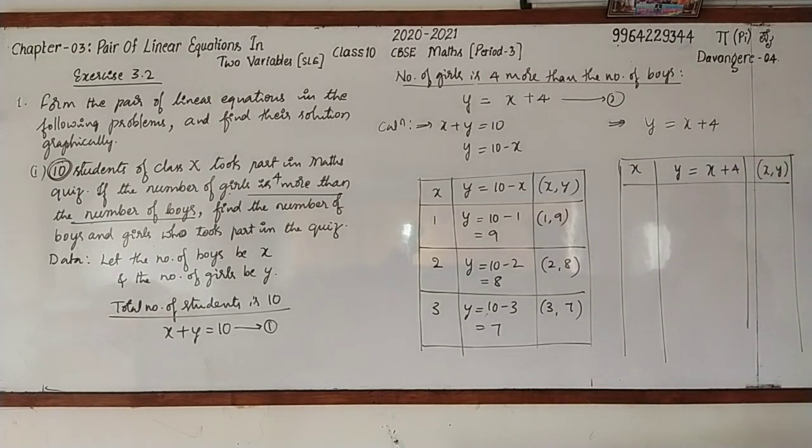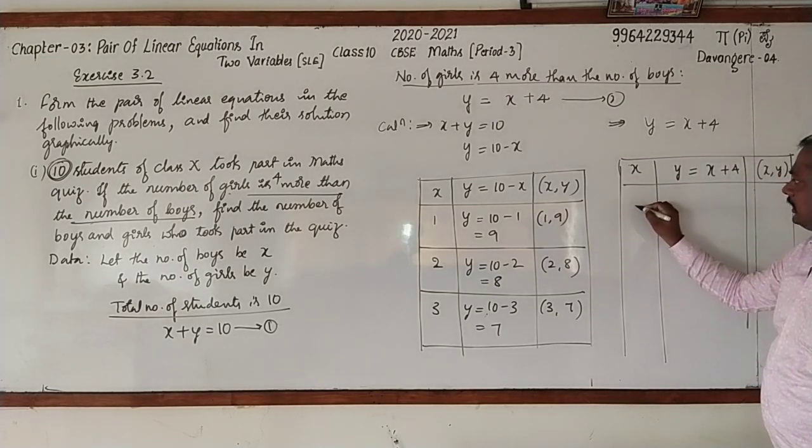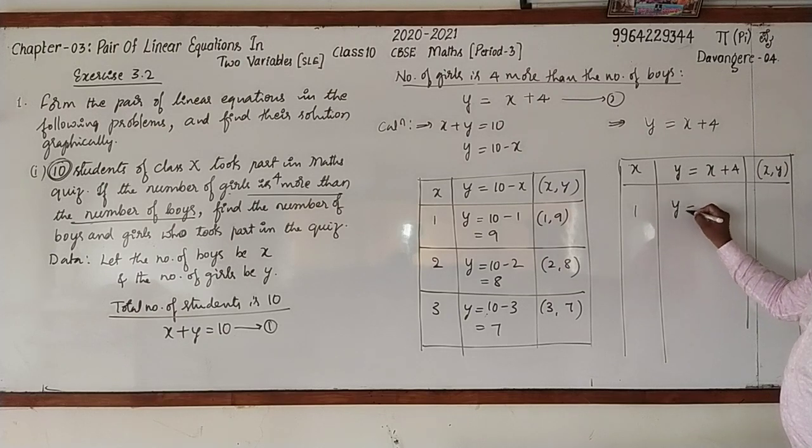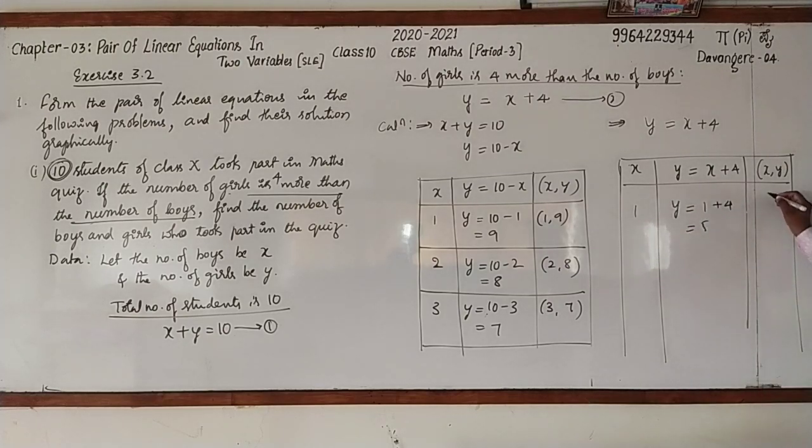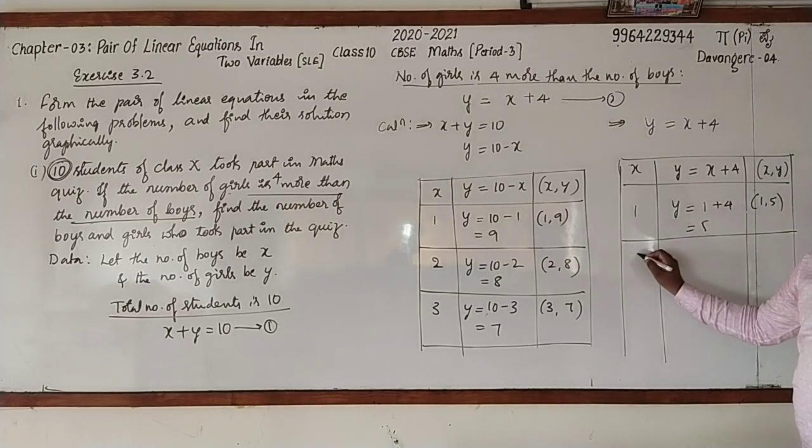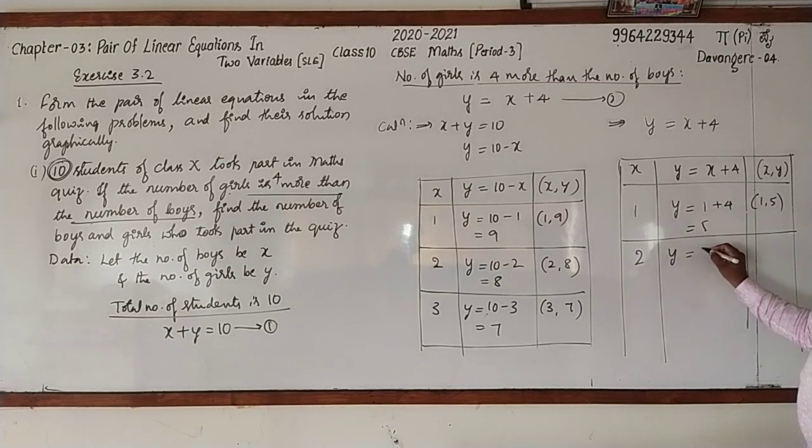Here, where x is again 1, then y equal to 1 plus 4. This is 5. It is 1 comma 5. Next, when x is 2, y is equal to 2 plus 4, which is equal to 6. 2 comma 6.